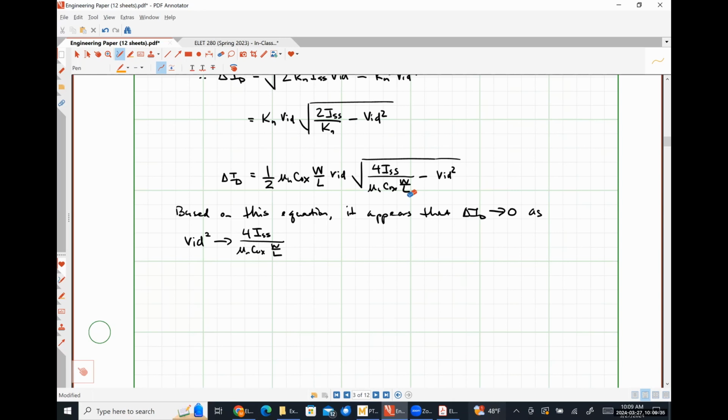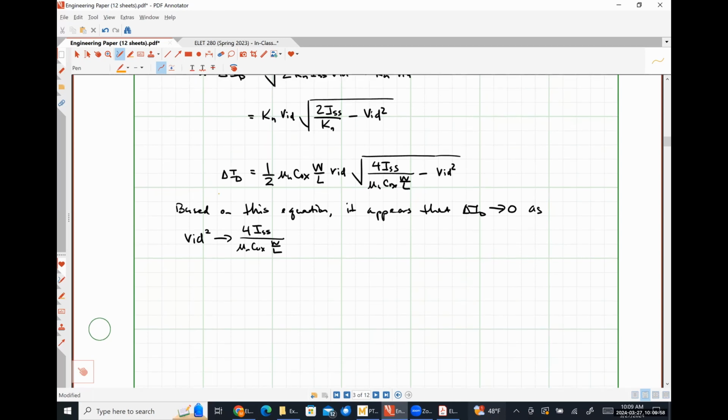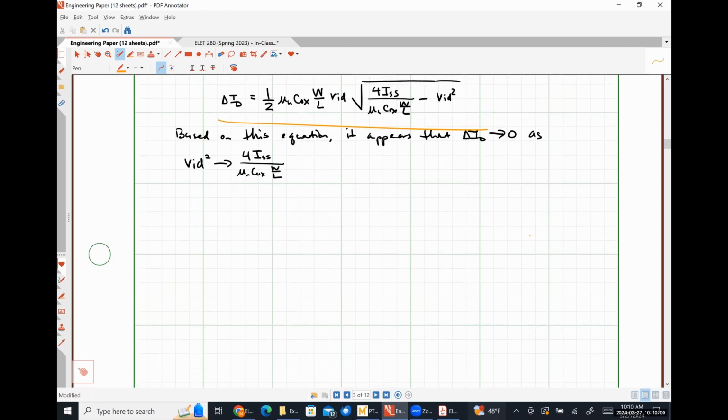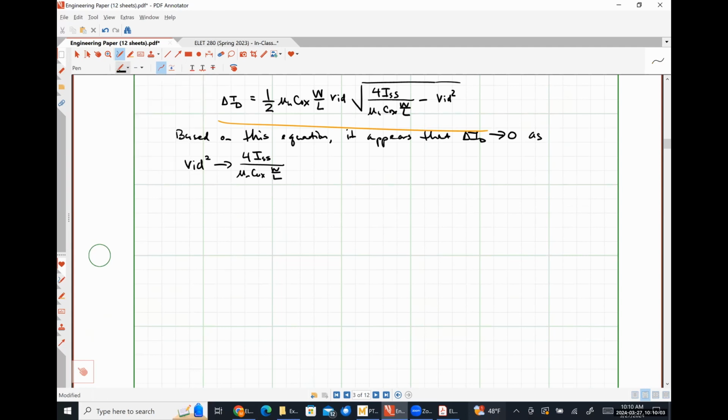So does it make sense that the difference in our currents trends towards 0 as we let V_ID get large, either positive or negative? No, it should approach I_SS, right? So if I were to plot this expression, what it would look like is something like this. So here's delta I_D.